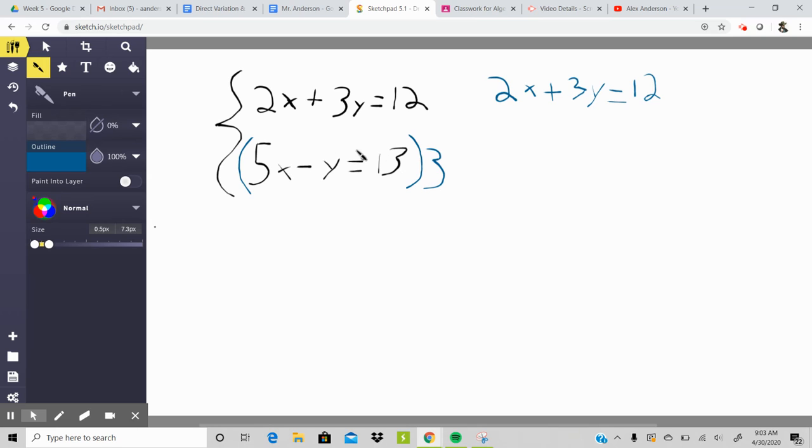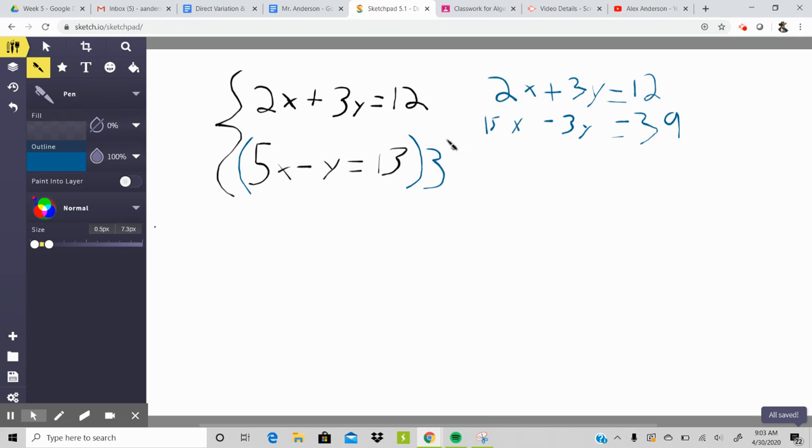So if I multiply this entire equation by 3, I have to distribute the 3 through. 3 times 5x is now 15x. And 3 times a negative 1y is minus 3y. And 13 times 3 is 39.